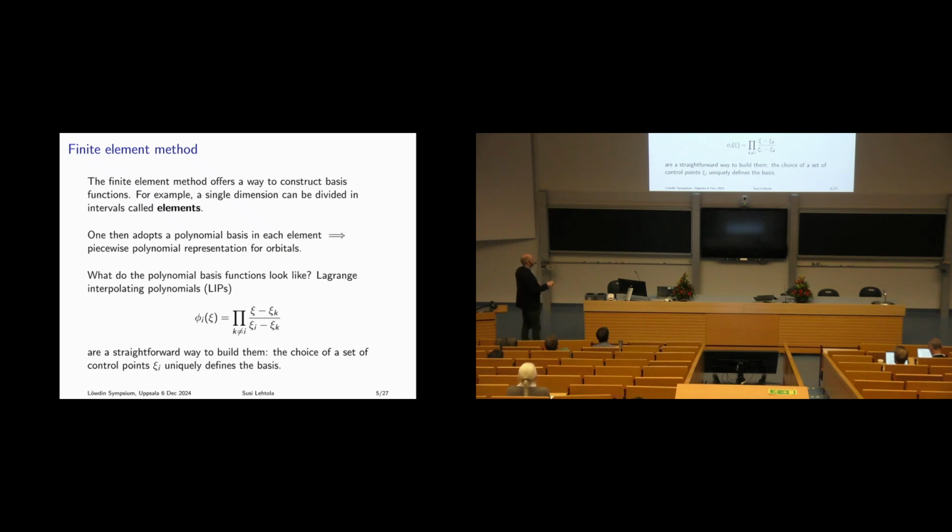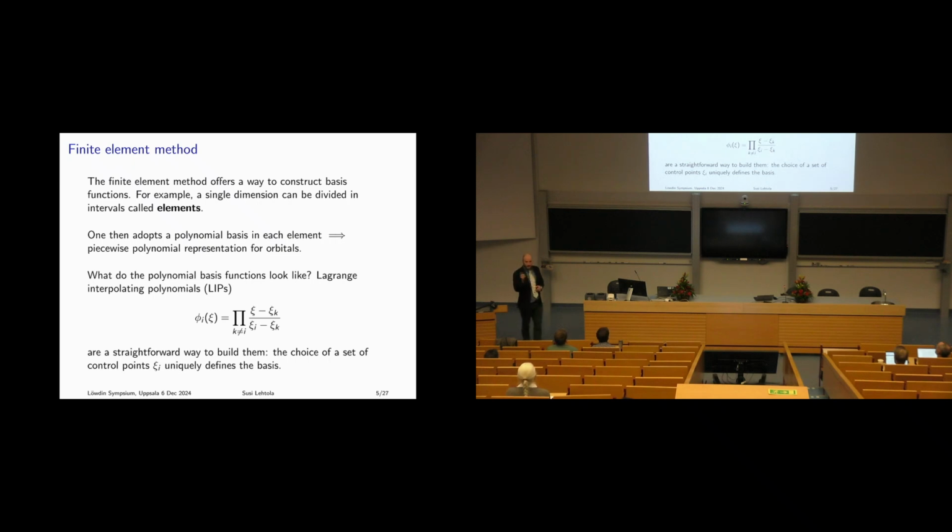And then these Lagrange interpolating polynomials have this nifty property that they are defined in terms of these control points, psi_i. If you evaluate the ith function at the jth node, this is a Kronecker delta function. So basically, when you write any function in terms of these, the value of that function at the ith node is just given by the expansion coefficient of the ith function.